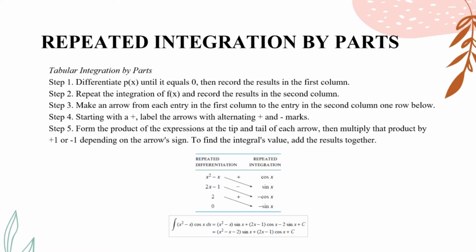Step 4. Starting with a positive, label the arrow with alternating positive and negative marks. Step 5. Form the product of the expression at the tip and tail of each arrow. Then multiply that product by positive 1 or negative 1, depending on the arrow sign. To find the integral value, add the results together.